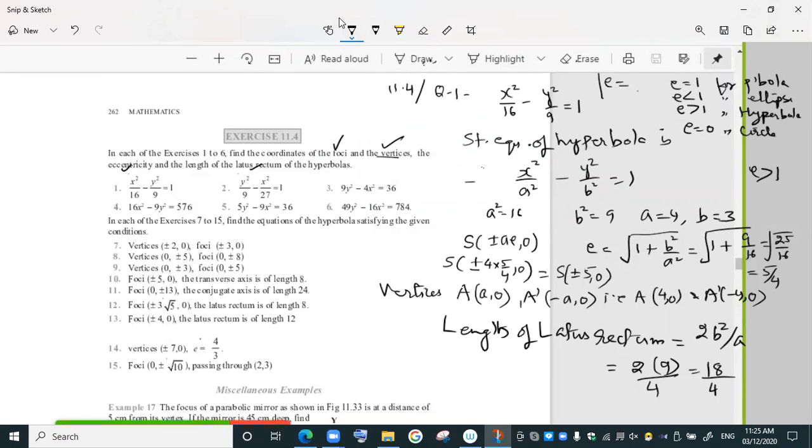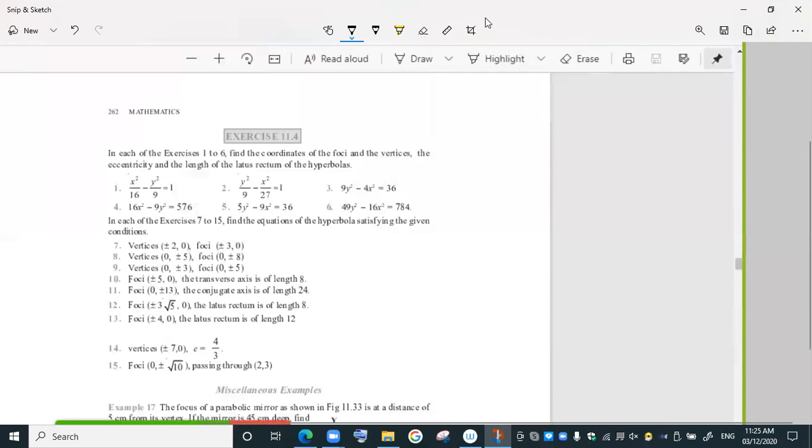So eccentricity is equal to SP upon PM. Okay, so that was the first question.